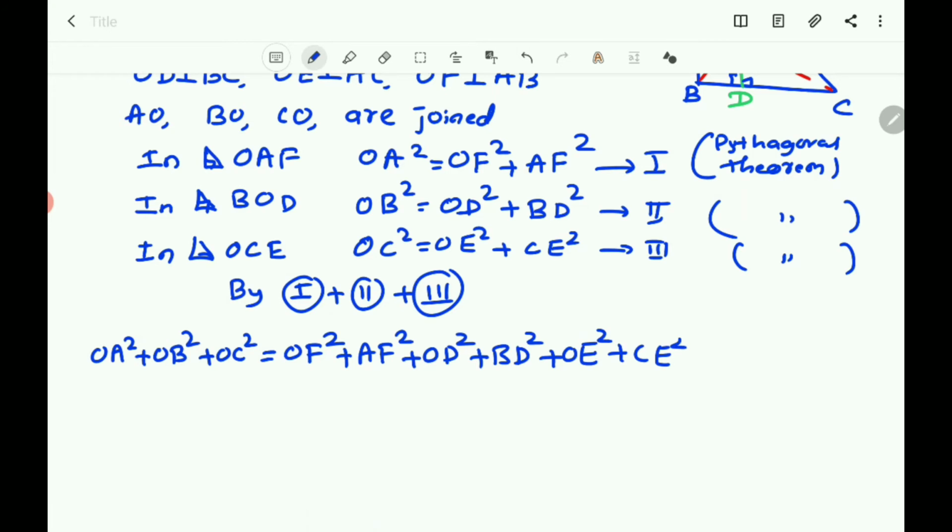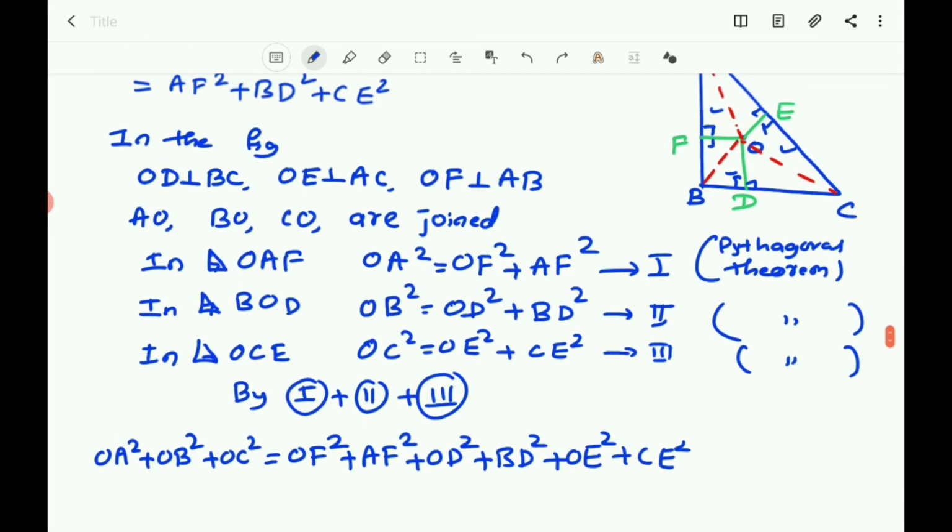Here this is the first, this is the second, this is the third. So you got the sum of the LHS part and also the sum of the RHS part. LHS are OA square, OB square, OC square. RHS are OF square plus AF square, OD square plus BD square, OE square plus CE square. By adding first, second, third, you got this.